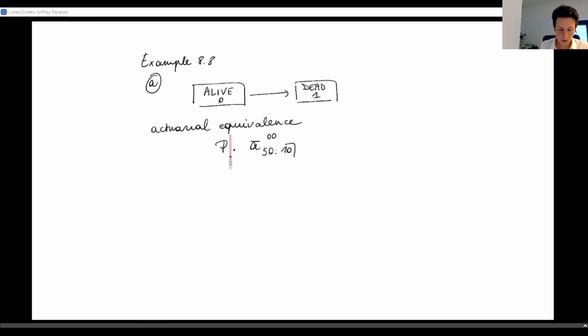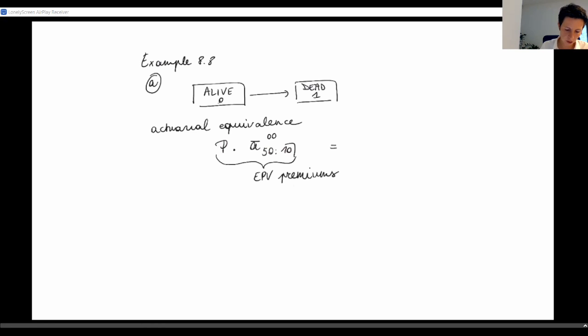So this is the EPV of my premiums, if I'm taking into account that I pay the premiums continuously while I'm in the alive state. And I start with a policyholder age 50, and it's a 10-year term insurance contract. So that's what I need.